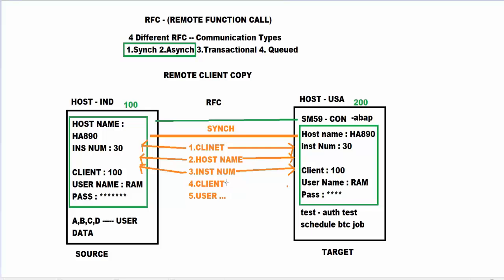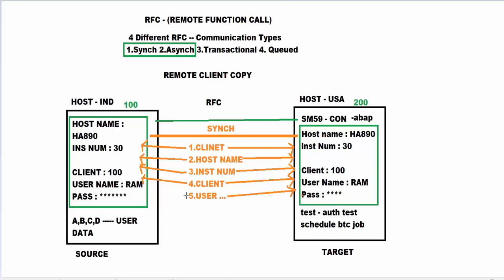And also for which client it is copying, it will send a request, and for that, yes, the correct client information is maintained, the 100 client information which the target client wants. Then next it will check the username and password, sending a request to see whether everything is fine or not.